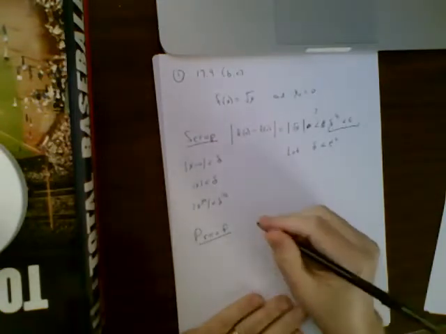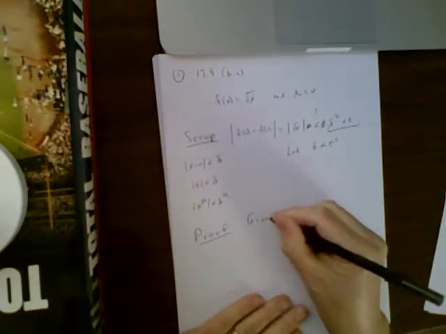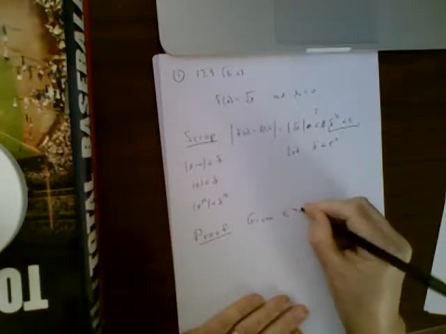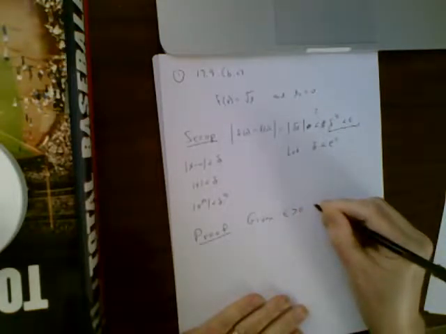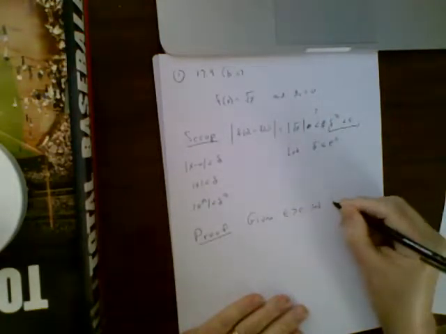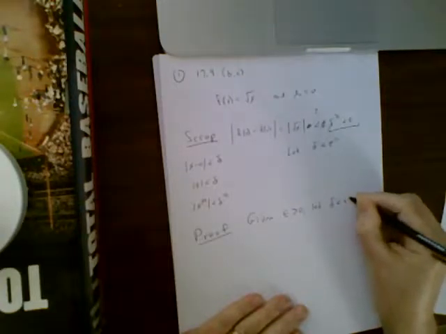So the proof: given epsilon greater than 0, let delta be less than epsilon squared.